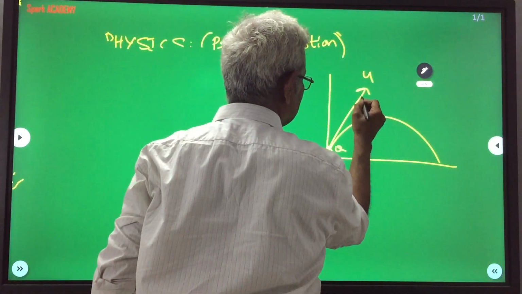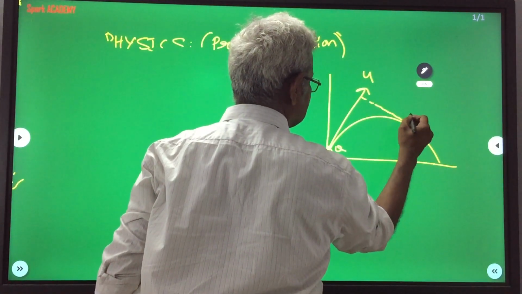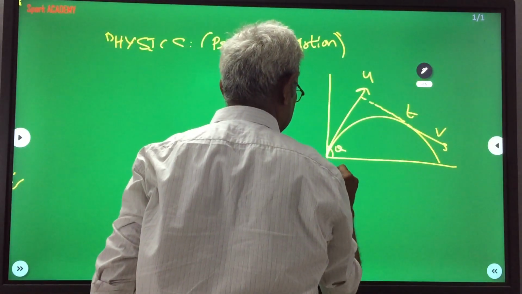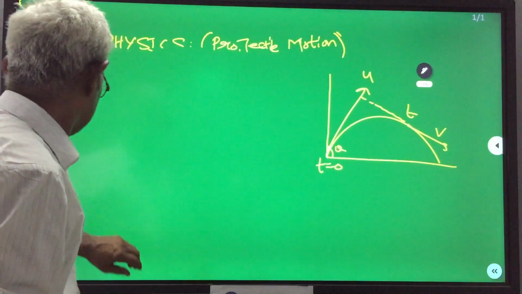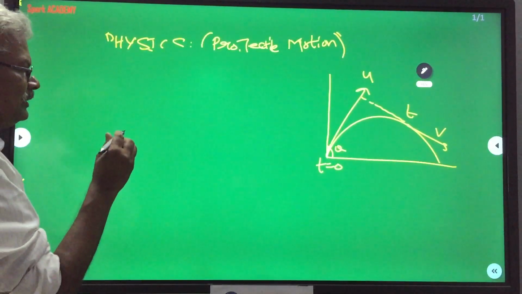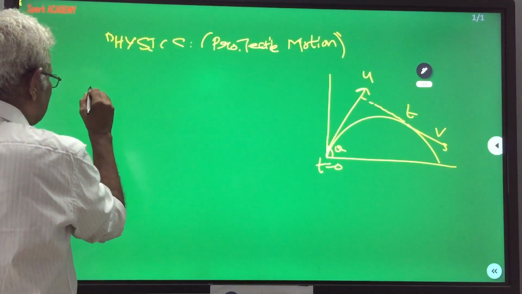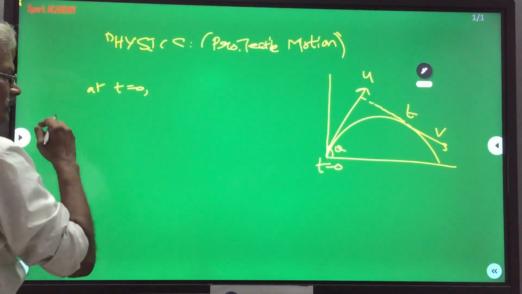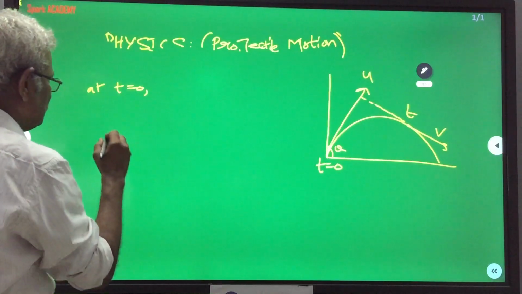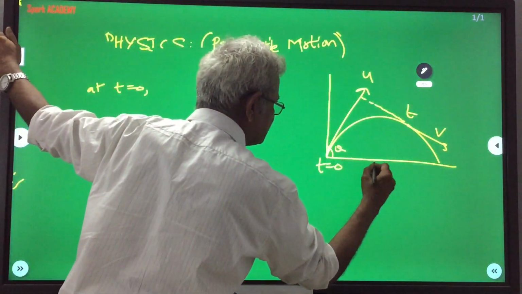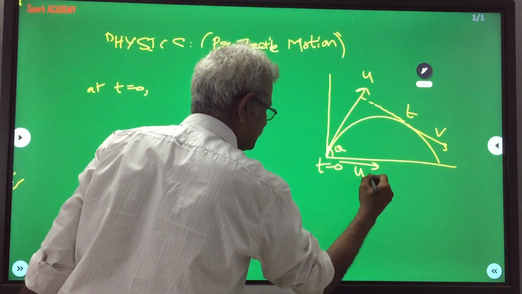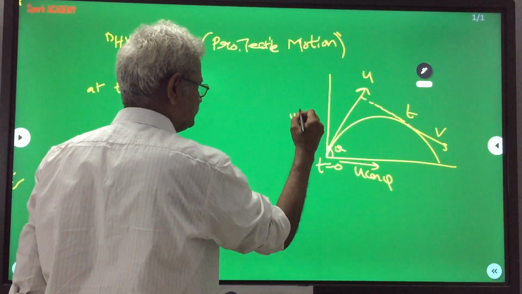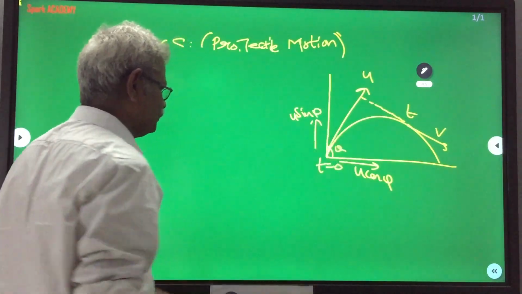As I said here, this is the velocity after a time t, and this is at t equal to 0. Understood? So at t equal to 0, the components are what? This we know.